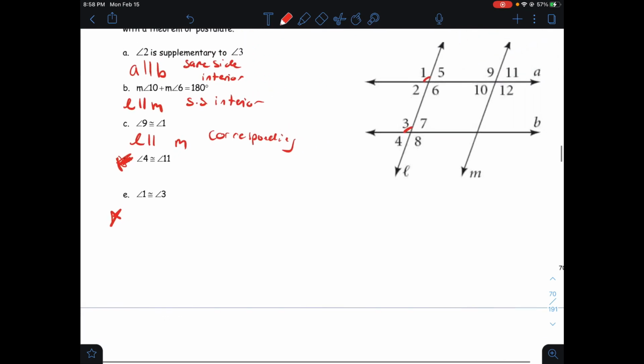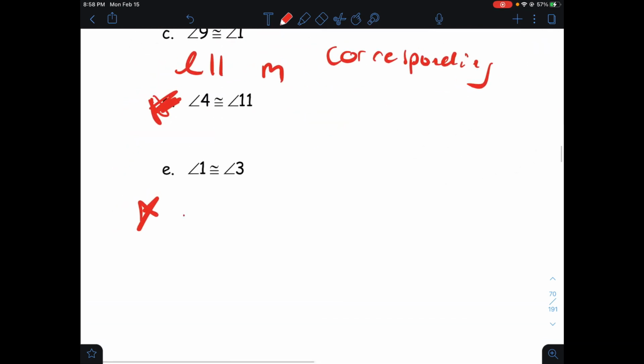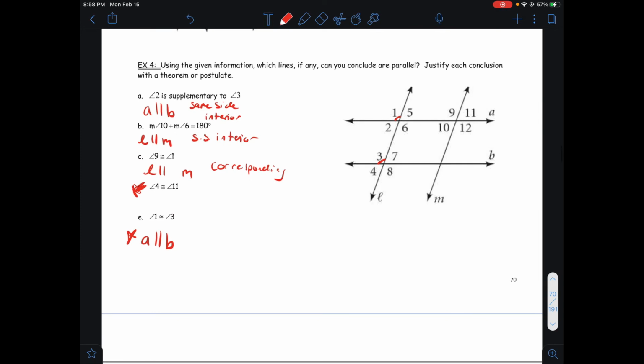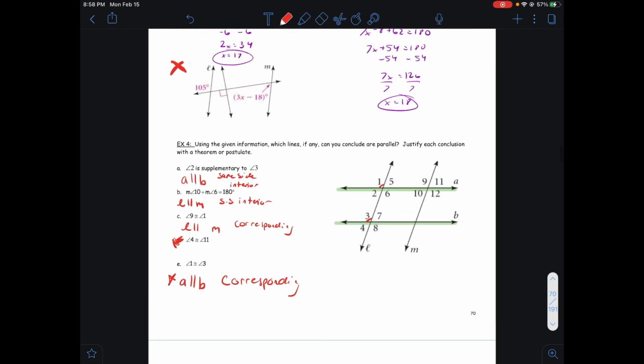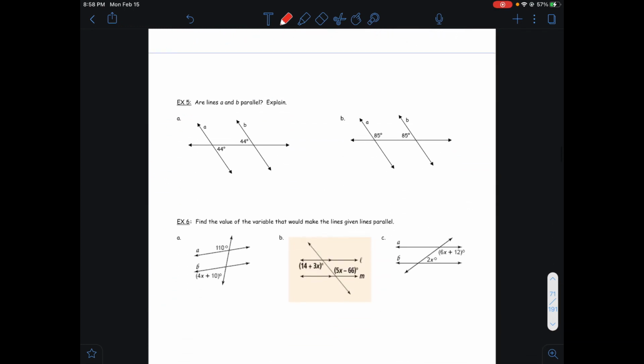So you could say that lines A and B are parallel. So A is parallel to B. And the reason for that is going to be because you have corresponding angles. You got corresponding angles congruent. Very nice. All right. Let's go ahead and move on here.